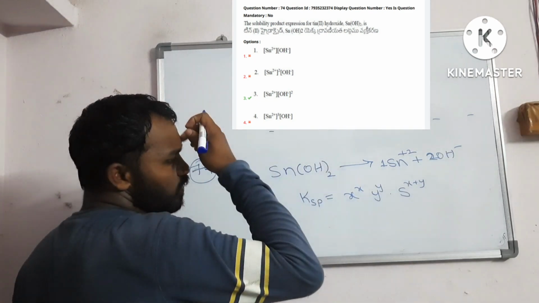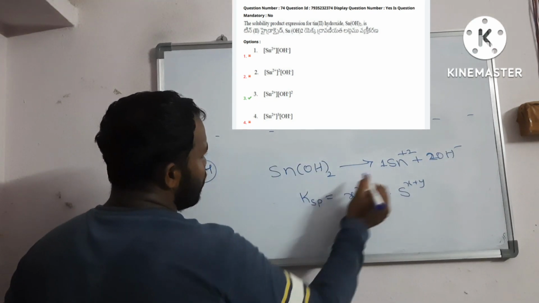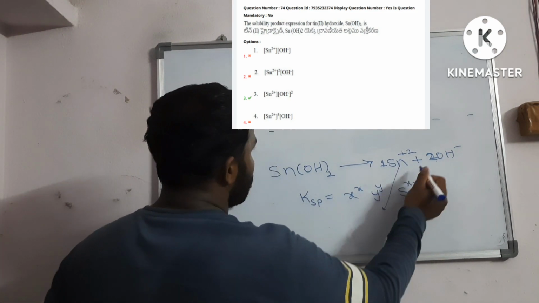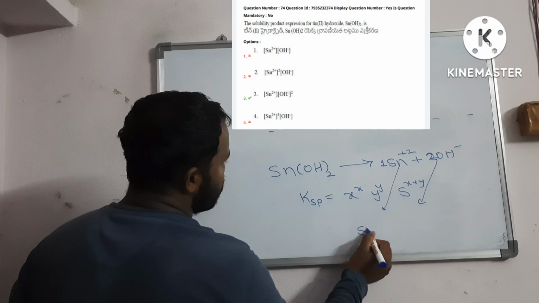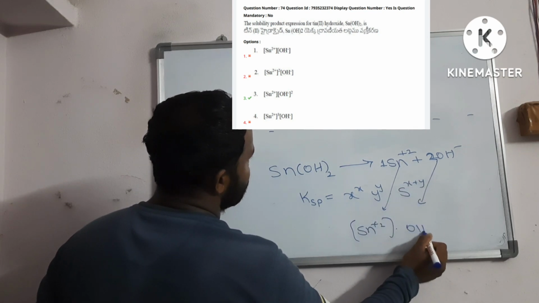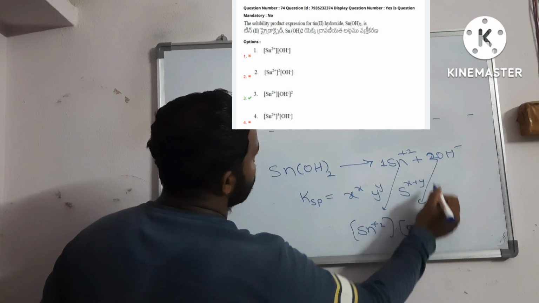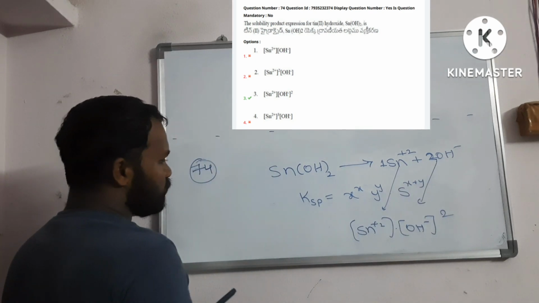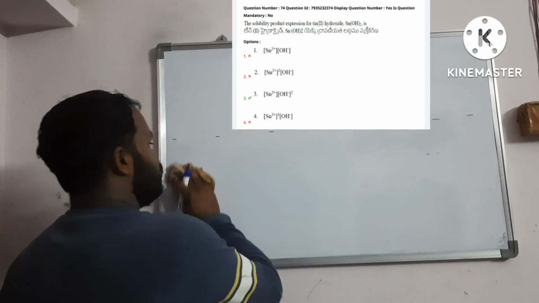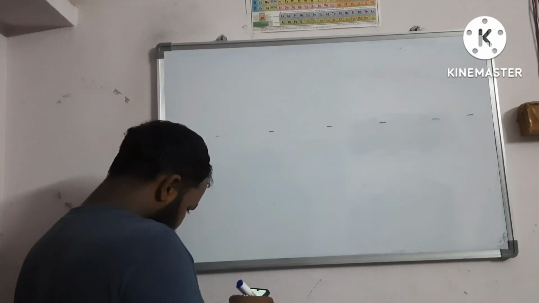Directly, we can write the solubility product as Sn2+ to the power 1 and OH minus all to the power 2. So this is the concept. Option number 3 is correct.